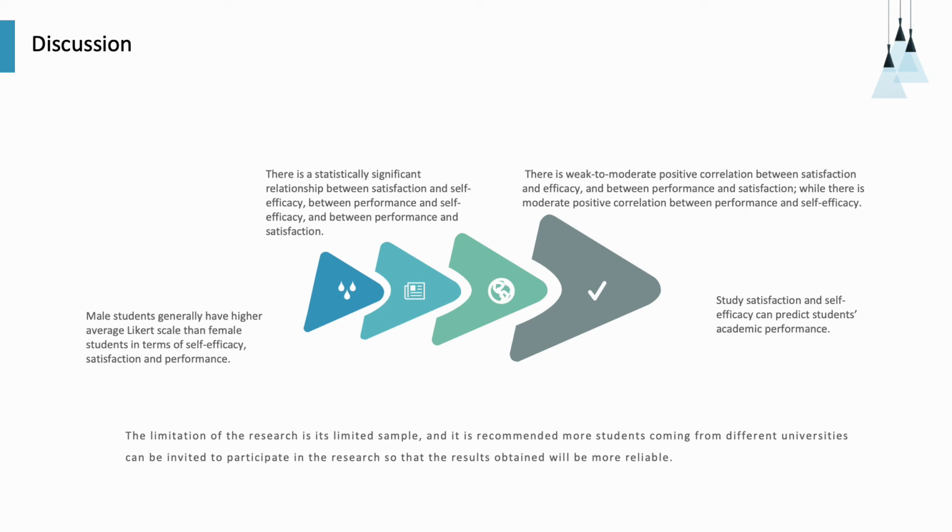There is a weak to moderate positive correlation between satisfaction and self-efficacy, and between performance and satisfaction, while there is a moderate positive correlation between performance and self-efficacy. Study satisfaction and self-efficacy can predict students' academic performance.